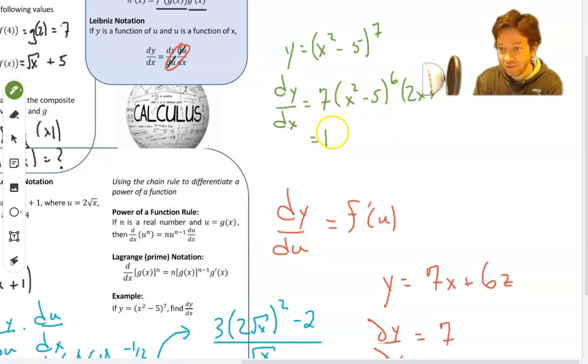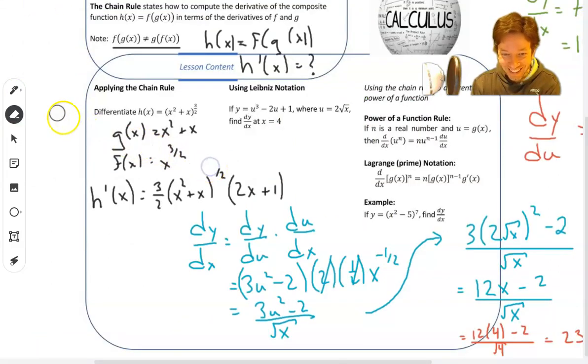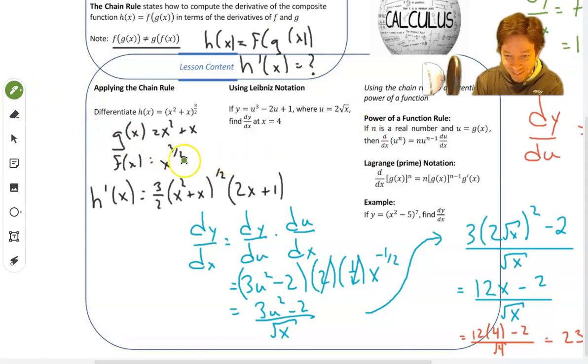So we're left with 14x times x squared minus 5 to the power of 6. Yeah, so for the first one, that should not have been 3 over 2, 1 over 2. Subtract 1 from the exponent. There we go. All fixed.